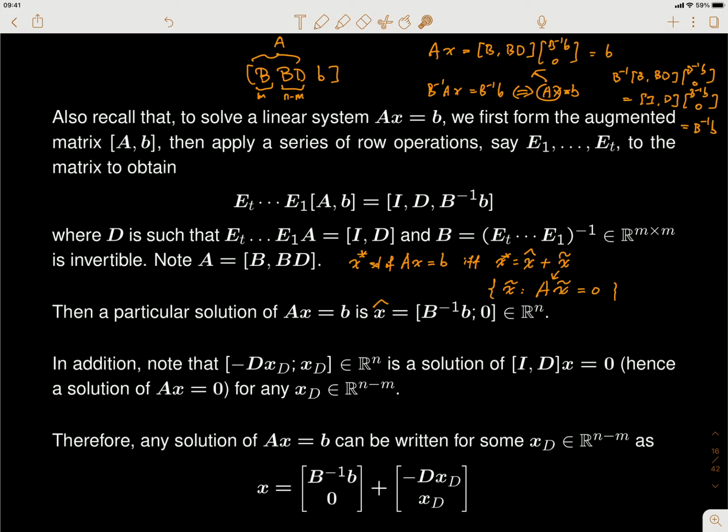The question is, how many choices do I have here, or what is the dimension of this one? If you have taken a linear algebra class, this is called the null space of the matrix A. It's all the vectors such that when multiplied by A from the left, you get the 0 vector.